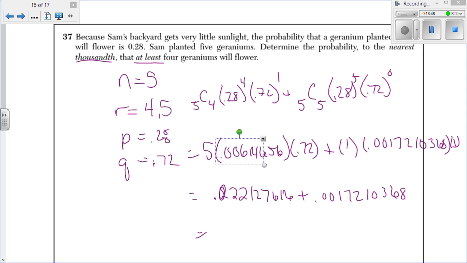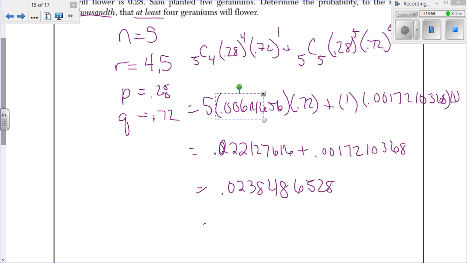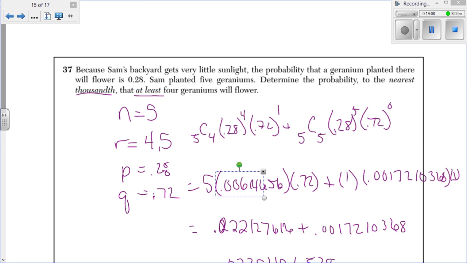And I'm going to get 0.02384865528, and rounded to the nearest thousandth, which is 3 decimal places, it's 0.024. All right, we're almost there. 2 more questions.